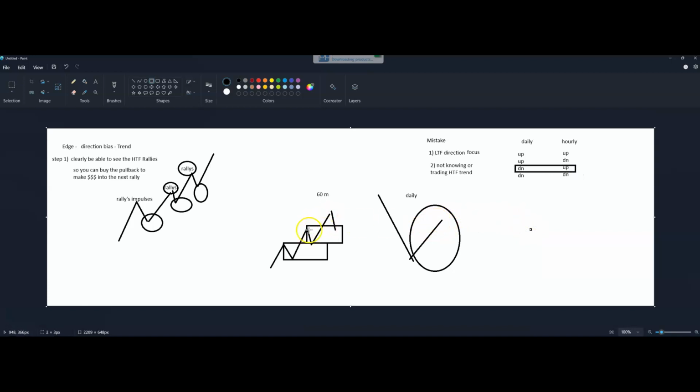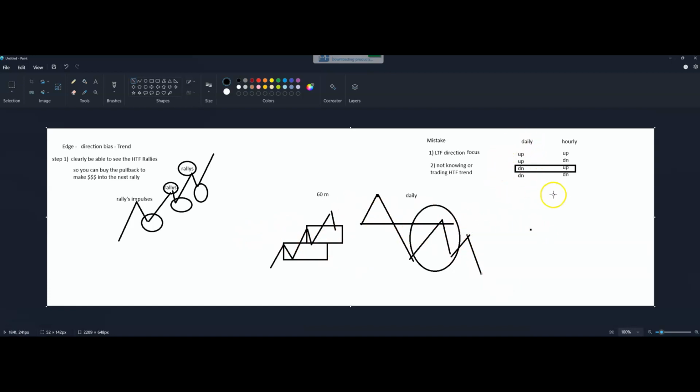Because eventually, if it gets here, at this area, you shouldn't look to buy the pullback anymore, because it's going to be at a key area. So it tapped this level, and now there's no point in buying the pullback because this thing is gonna go down.